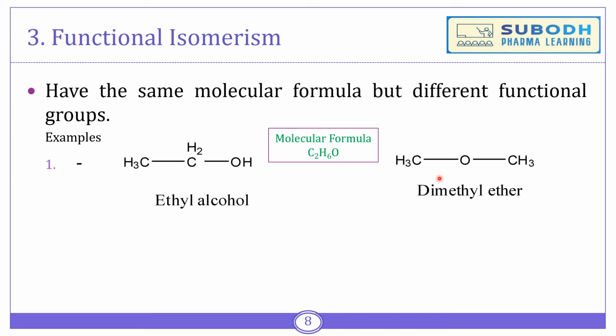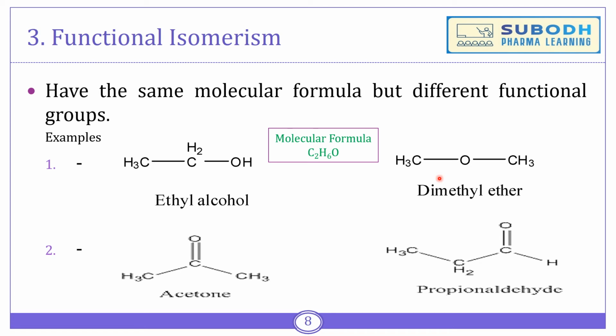See another example of acetone and propionaldehyde. In the first structure, the functional group is ketone, that is C=O attached to CH3.